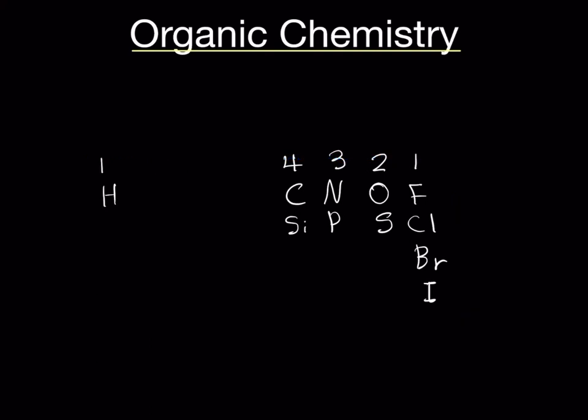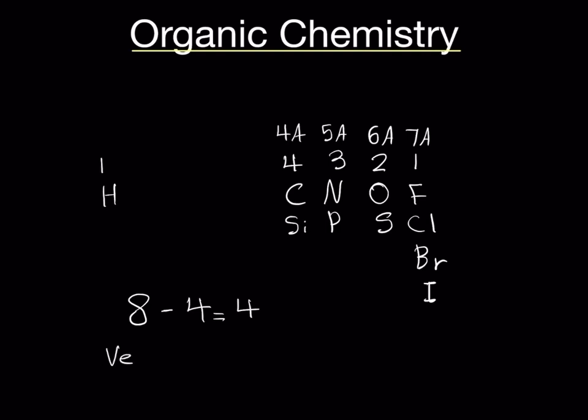Now, if you forget this, but you have a periodic table, a quick way to find that out for elements that are on this side, hydrogen is going to be an exception, is that these are going to have groups. So carbon and silicon are going to be group 4A, and then nitrogen and phosphorus 5A, 6A for the chalcogens and then 7A for the halogens. If you take the number 8 and then subtract it by the group number, so if you have 4A, you put 4, you get the number of bonds that it would make.